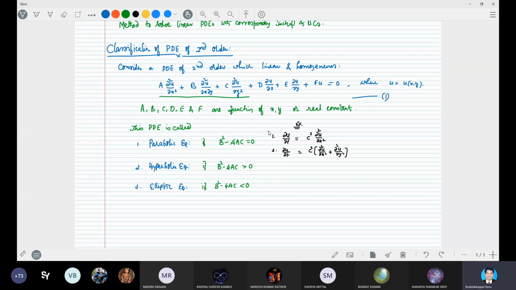These are the examples for the parabolic equation. What are they?